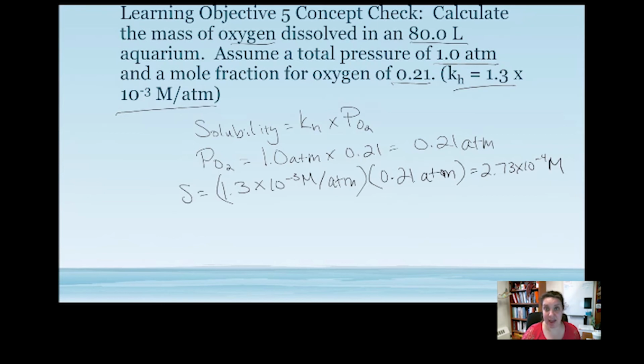Now we need to take that and convert that from molarity into grams, because it asks for the mass of oxygen. Since we have a volume, we can take our molarity times our volume to get us our moles of oxygen.